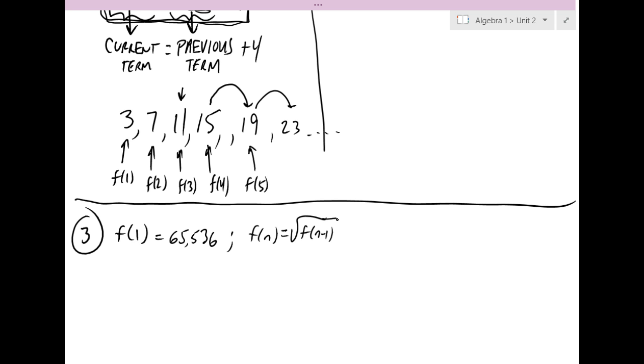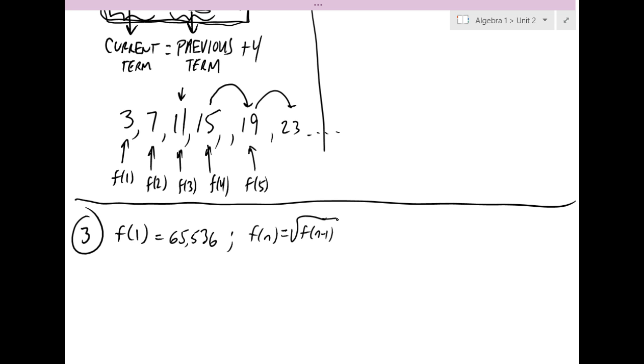Okay. Would you say that that is an explicit or a recursive formula? Does anyone know? Okay, well, it is recursive. How do you know it's recursive? What part of the formula tells you it's recursive?